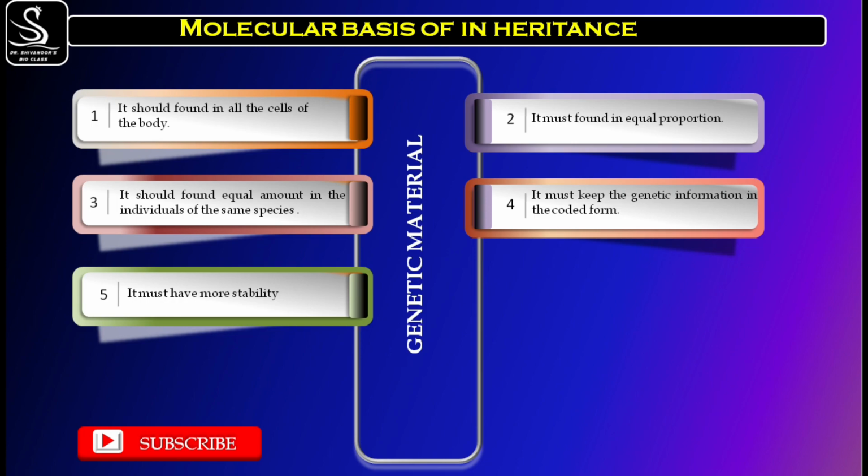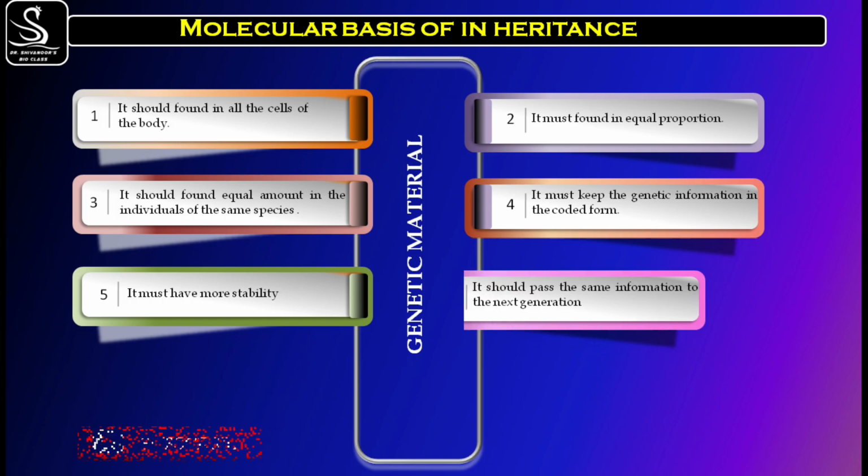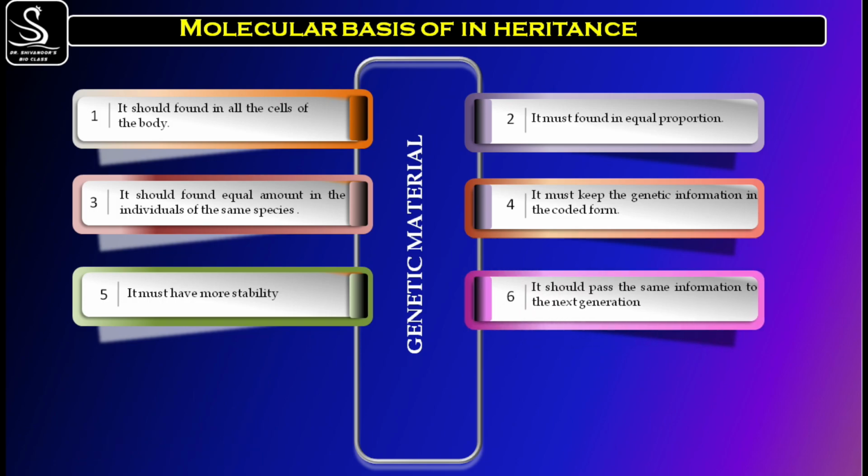But first here, we are just understanding the properties that every genetic material should have. The 6th property: it should pass the same information to the next generation. Dear students, if your parents did not pass the same information to you, then how could you look like a human?